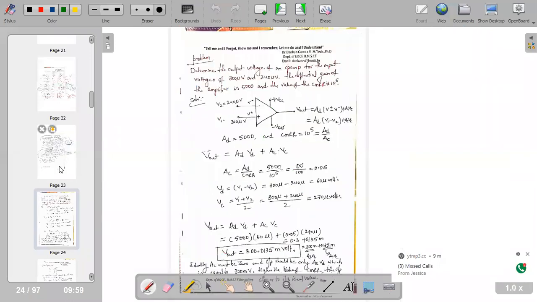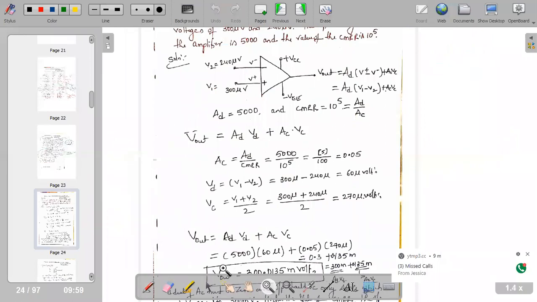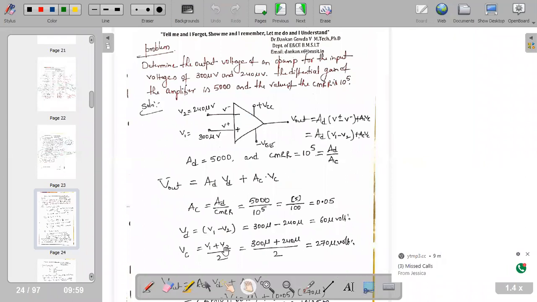So now another bit, related to the common mode gain and the differential gain of an op-amp. Observe what is given here. Determine the output voltage of an ideal op-amp for input voltages of 300 microvolt and 240 microvolt.